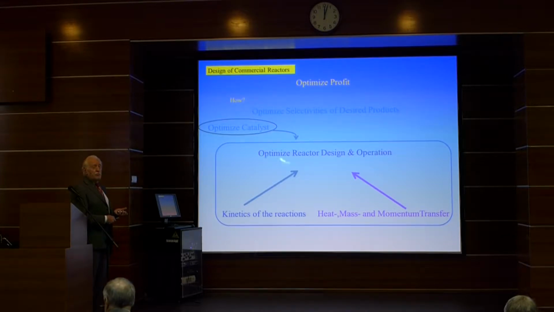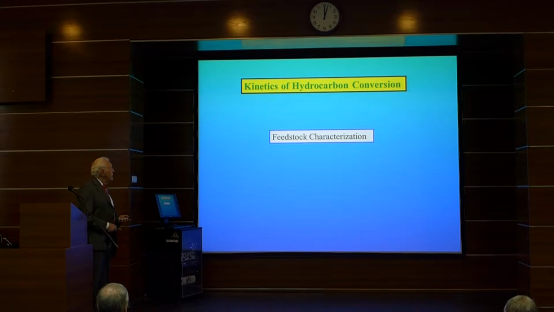And to do that optimization, we need information on the kinetics of the reactions and on the heat, mass, and momentum transfer. Let's see how we intend to do that.